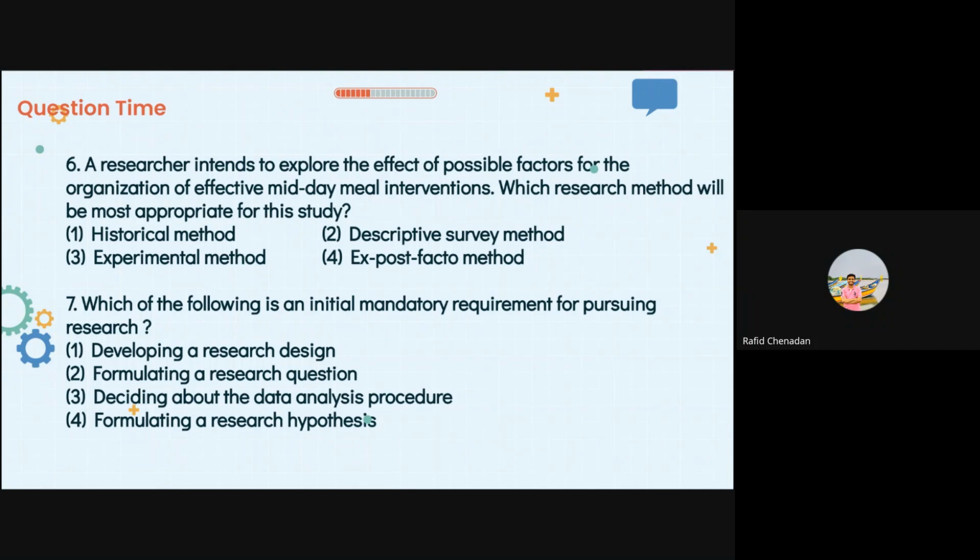Next question. Which of the following is an initial mandatory requirement for pursuing research? It's again a simple question. Design, research question, data analysis, formulation, hypothesis. This also we mentioned.